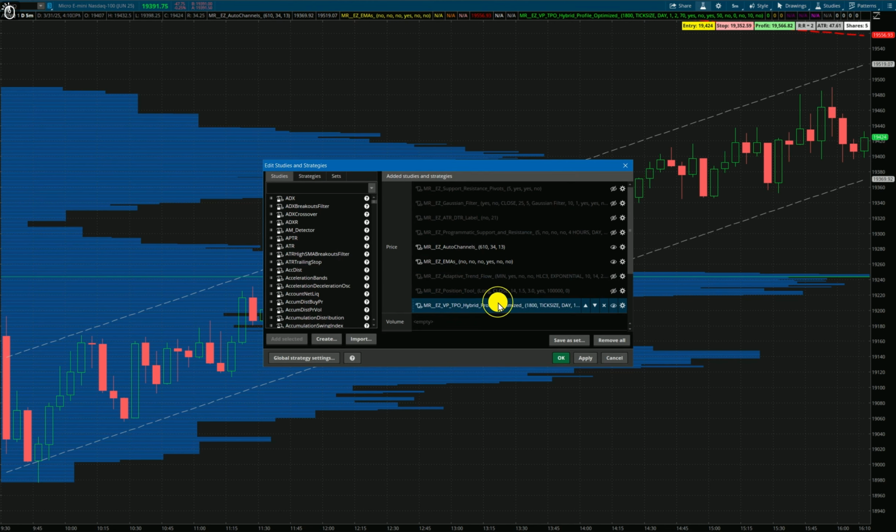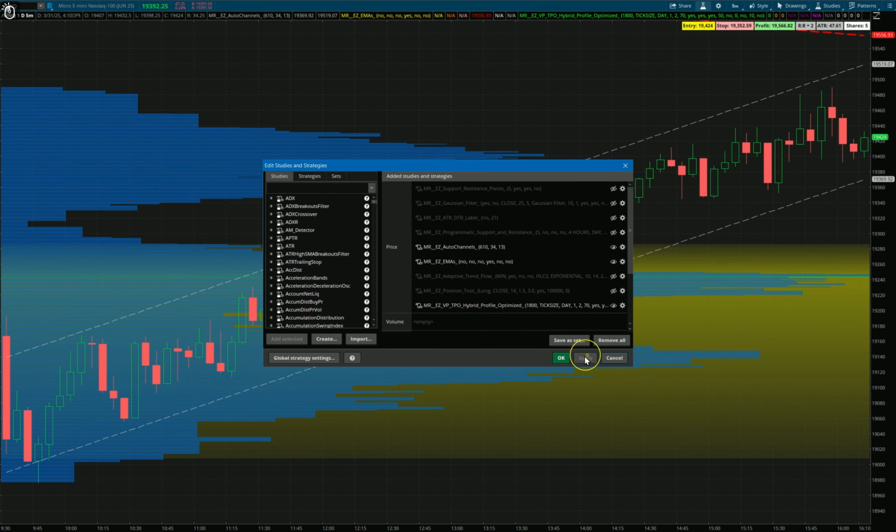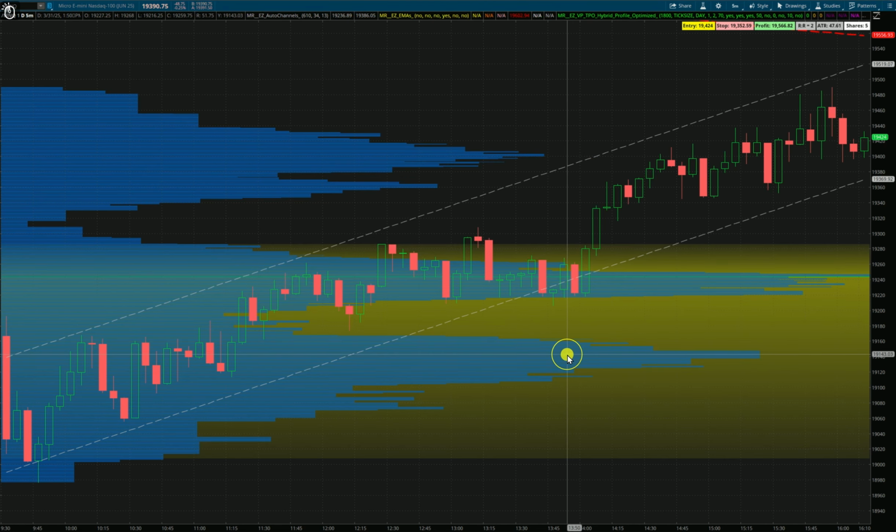See if that works. We come down to show value area, and I say yes, I want to see the value area. There we go. So that's the value area. The top of the value area is the high value node, and the bottom of the value area is a low volume node.